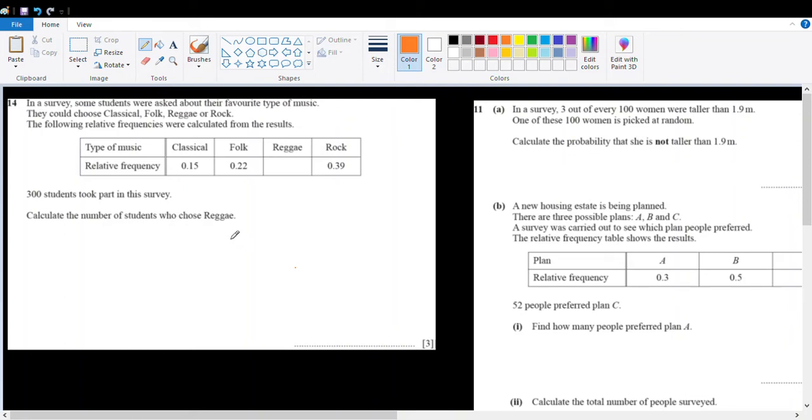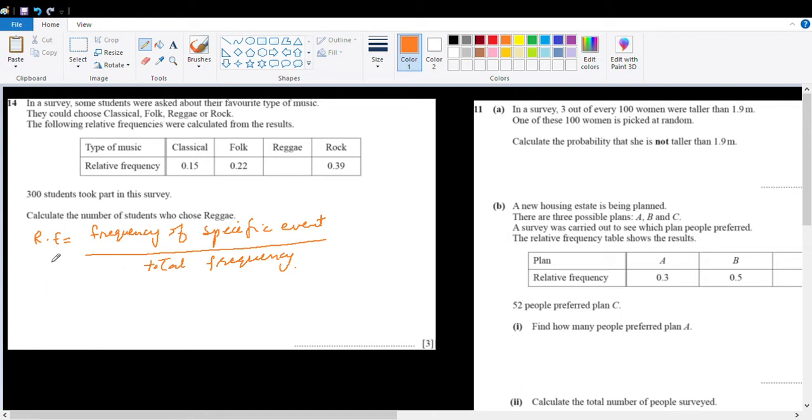So this question is a question of relative frequency, and the relative frequency formula is: relative frequency is equal to the frequency of a specific event over the total frequency, or total number.